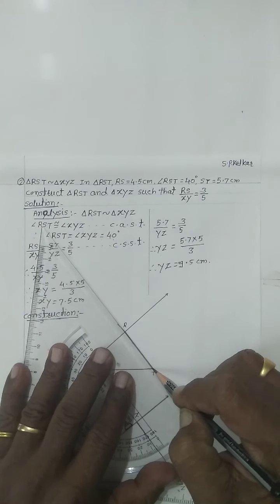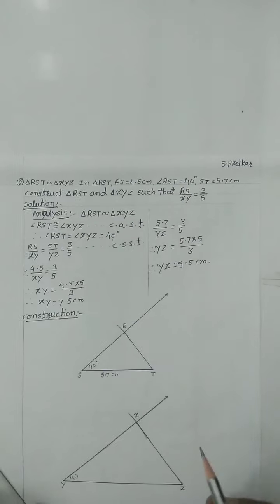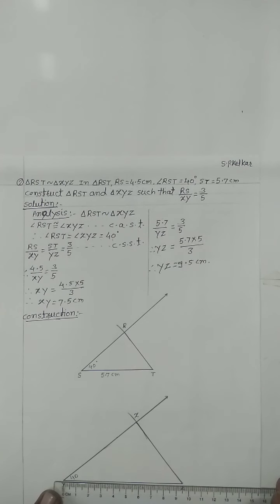Then for drawing the triangle XYZ, firstly take a side YZ, that is the 9.5 centimeter, using the scale. In this way we draw the 9.5 centimeter.